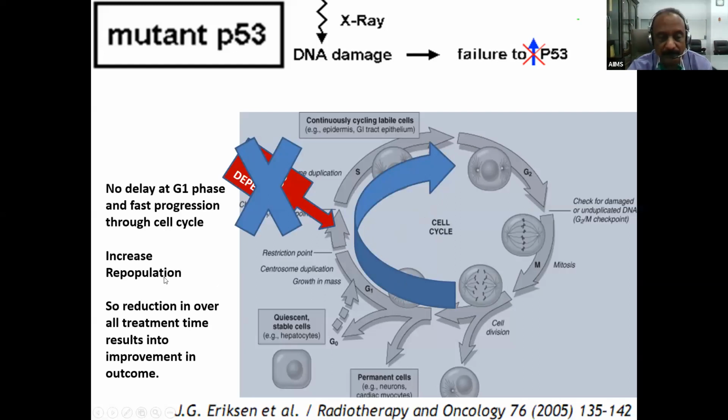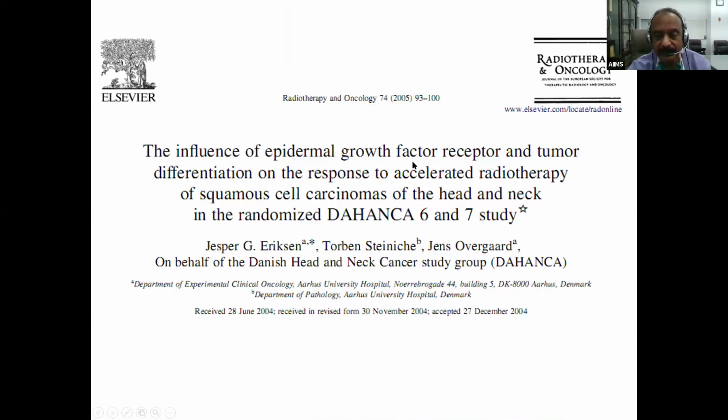So there will not be any cell cycle delay, and there will be increased repopulation. So when you decrease the overall treatment time by a modest 7 days, then it will help these patients who have a mutated P53 tumor.